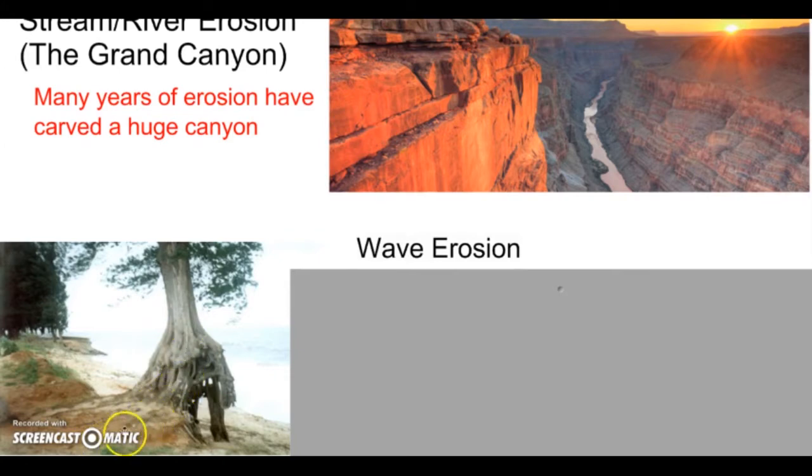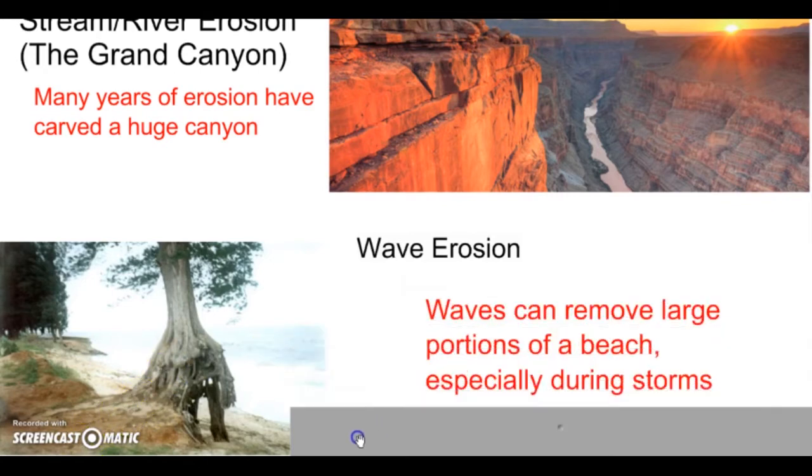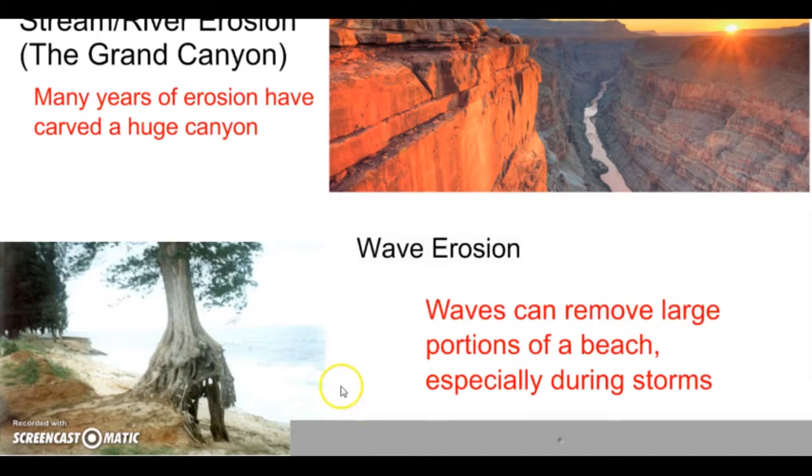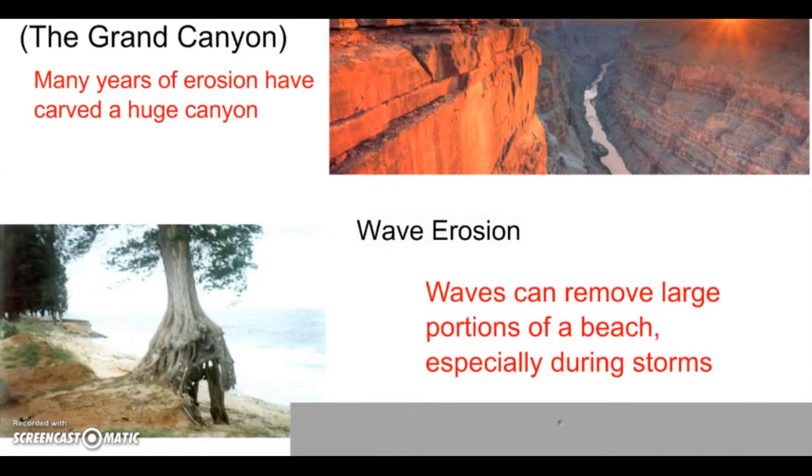And this tree has had to grow very strong roots in this direction to make up for it. So here's wave erosion. Waves can remove large portions of beach, especially during storms. In class, we should see a nice video about wave erosion, basically washing the beach out to sea over time.